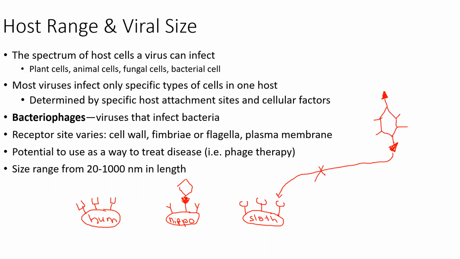So what we can do is look at infected cells and find a receptor that is unique to only the infected cells. Then we can manipulate a bacteriophage so that it can only recognize and attach to the receptor on the infected cells. So there's that specificity that we need.